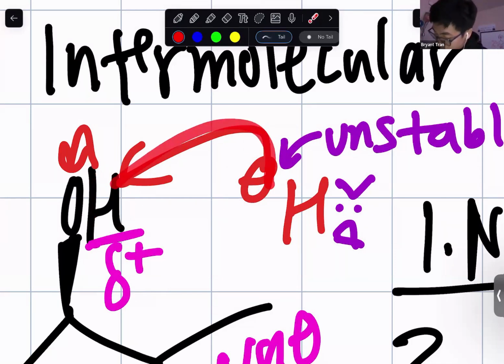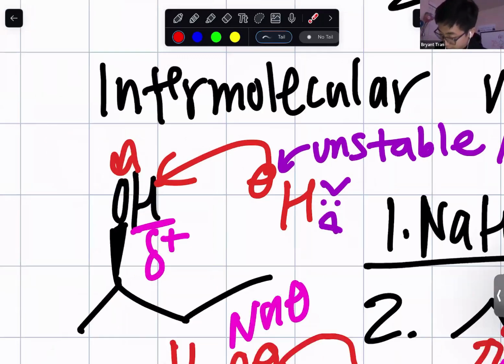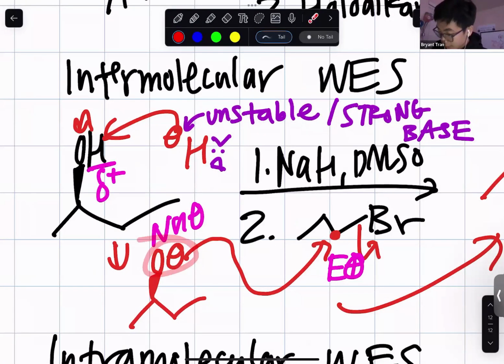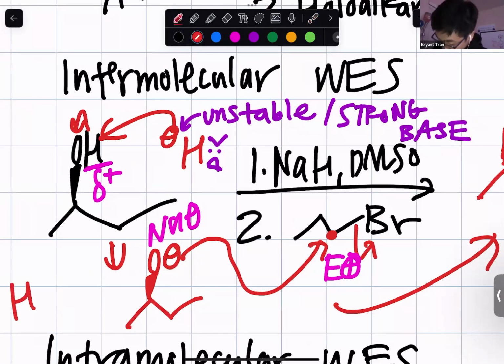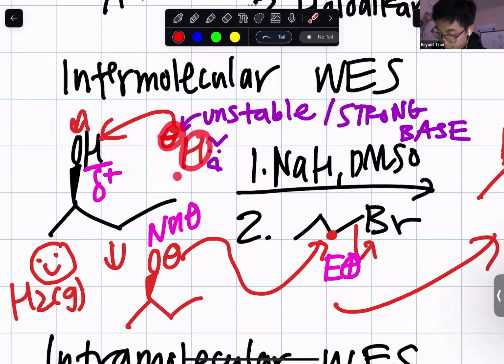This base is going to grab that hydrogen, and at the same time, the bond between the hydrogen being grabbed and oxygen breaks and goes onto the oxygen right there, giving us this O minus right there. And we're gonna form H2 gas as a side product, right? Which is now happy and stable. Right, we get rid of that unstable negative charge on a very small non-electronegative hydrogen atom.